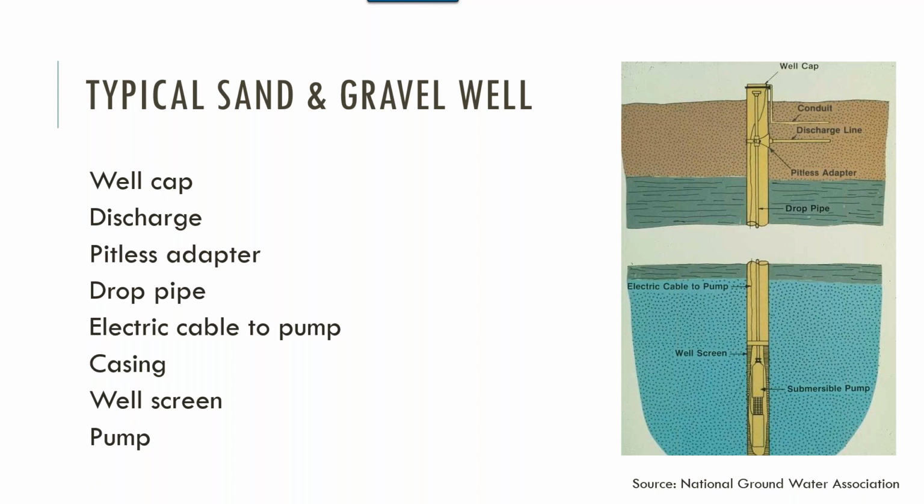So they're very protective if they're deep like that, because it's completely solid casing all the way down to the screen, and you know where your water's coming from. It's all coming from near the well in that sand and gravel.